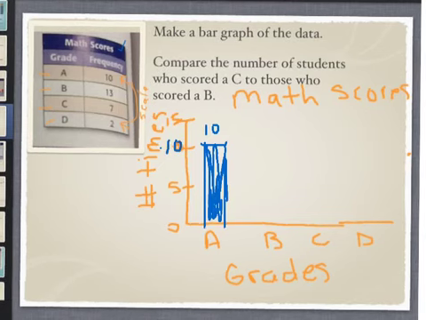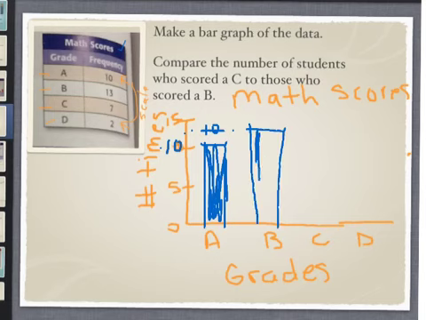The halfway point is about 12 and a half, so it's going to be a little bit above the halfway point. So I'm going to draw my bar right here. That's how many B's I've got, and that was 13.